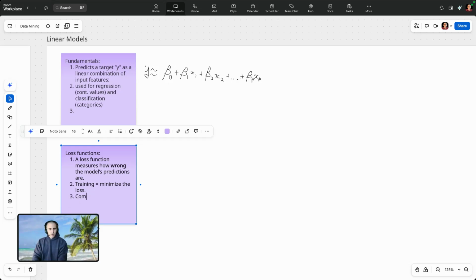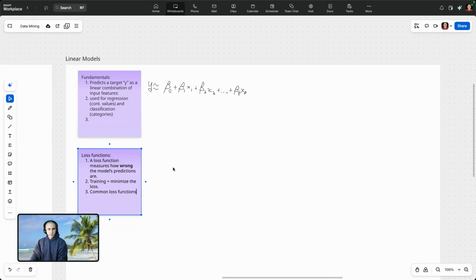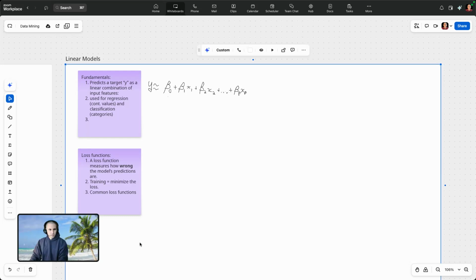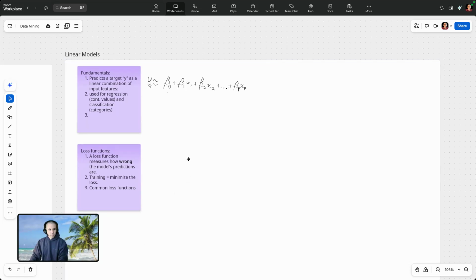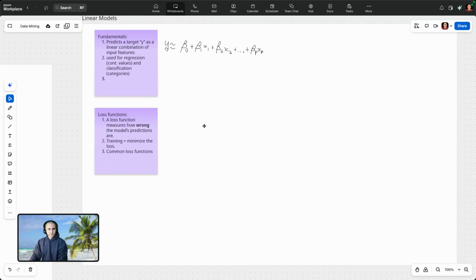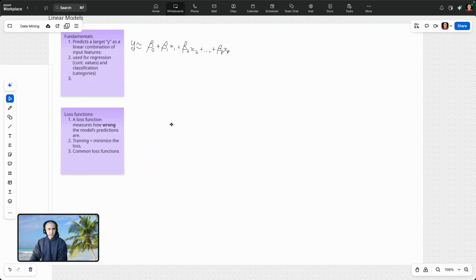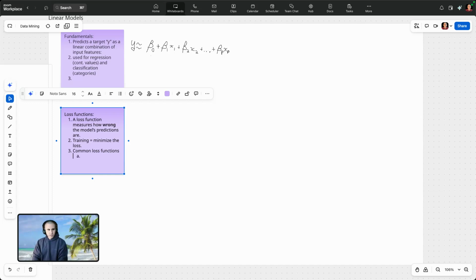So we can go over common loss functions. Actually, yeah, we'll do common loss functions. I'm kind of getting in the way here. Let me see, how can I? There we go. Get the linear models in there. Okay, common loss functions.